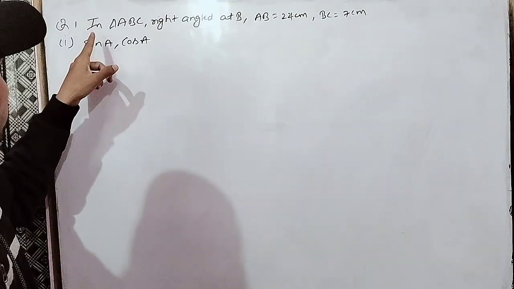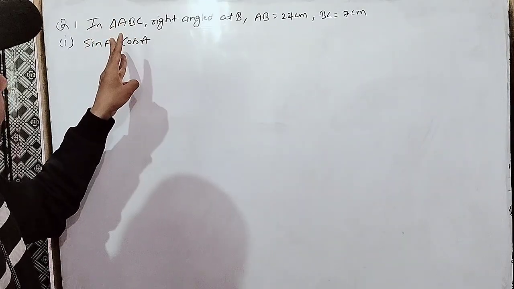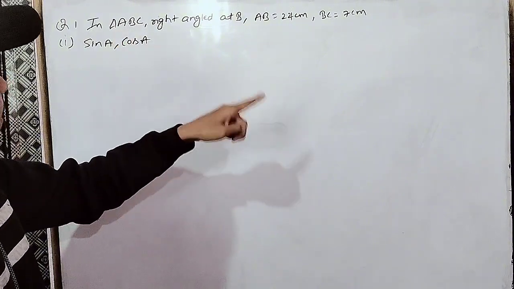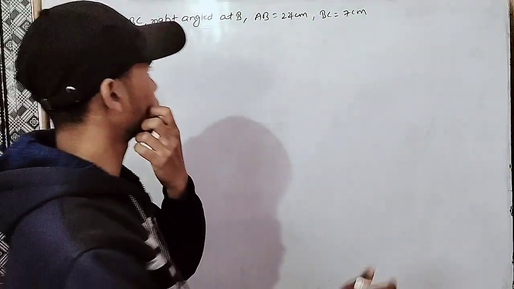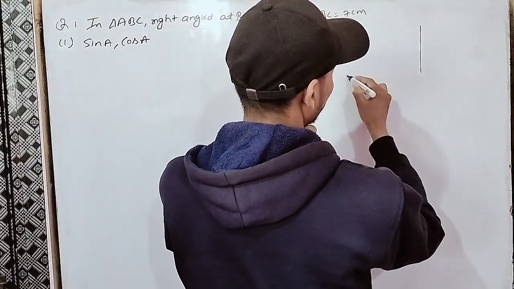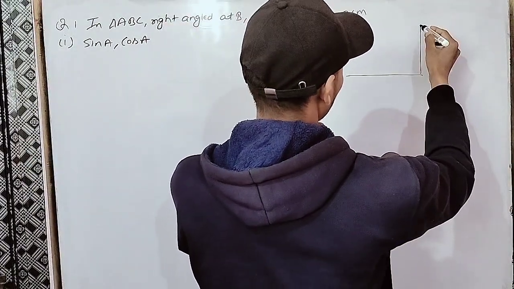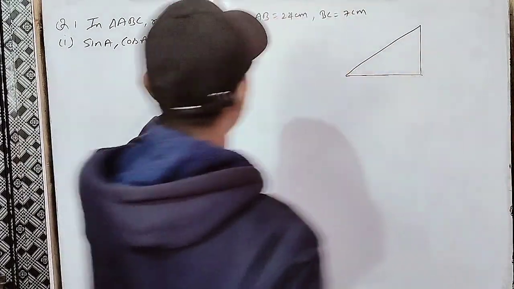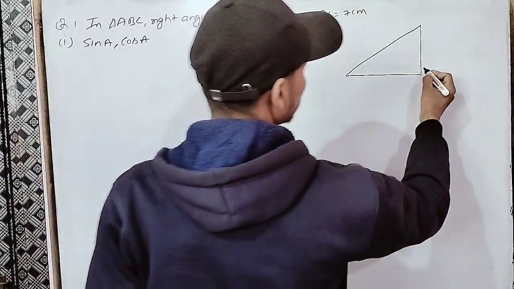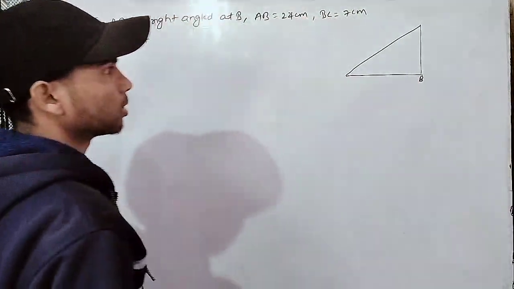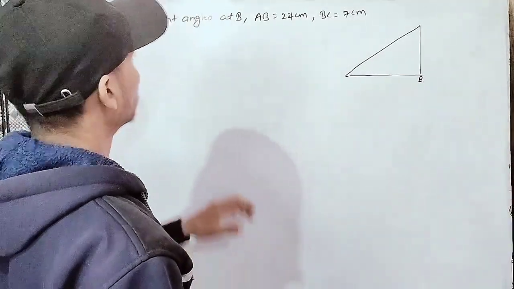Look, bro, look here. We have a triangle indicated by ABC, and the right angle is at B. So, can we draw a figure? The right angle is at B, so this would be B.